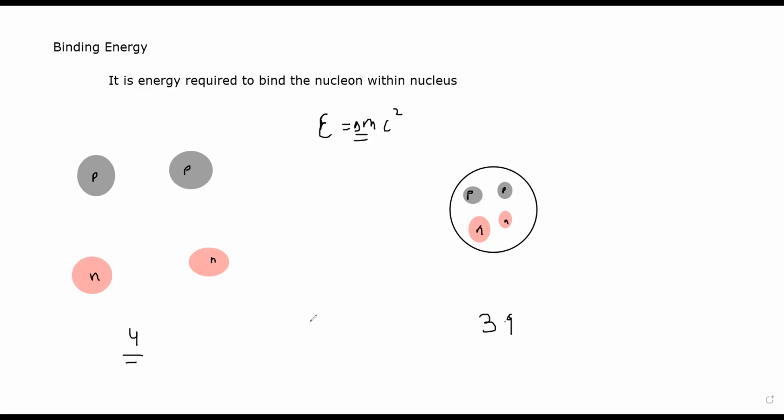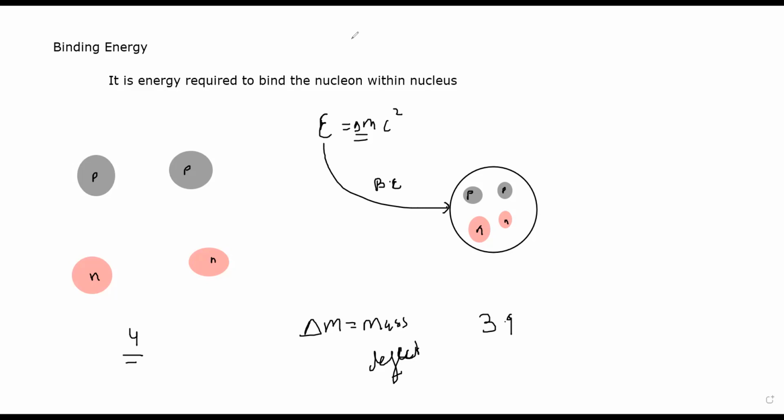So when we calculate the difference between the mass of particles outside, independent, compared to the mass of the nucleus, we will find there is always a difference, and that difference is known as the mass defect. And the mass defect multiplied by the speed of light squared tells us how much energy will be there to hold these nucleons inside the nucleus, and that energy is known as the binding energy.